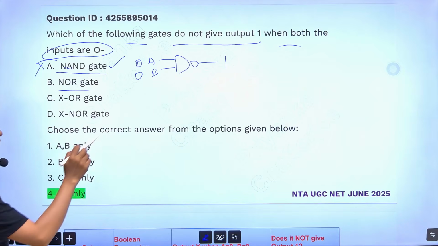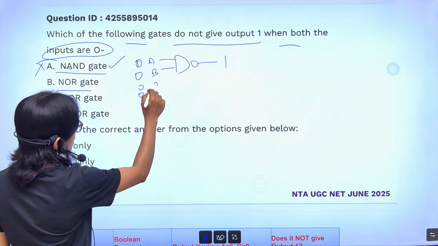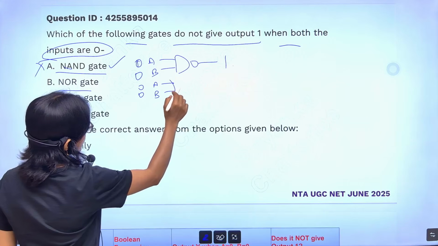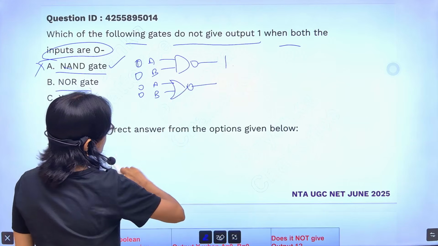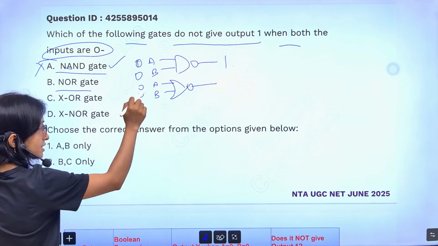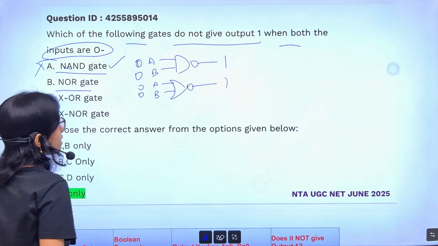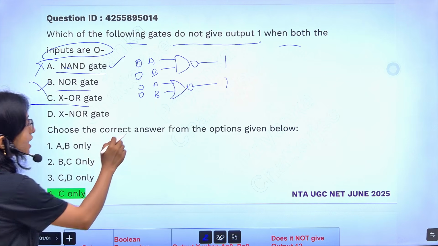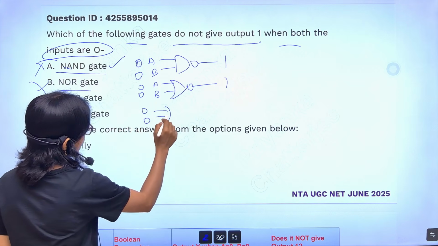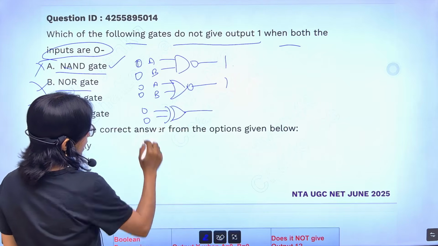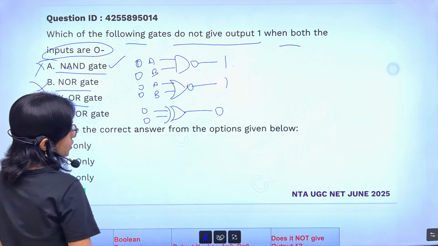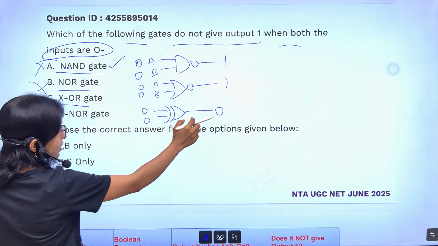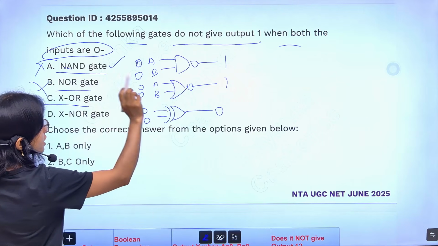NOR gate also. How does it work? If I give 0, 0, here it is A B, NOR gate, or then not. So 0 plus 0 is 0, but then not, that's why it is 1. So it will also not be your answer. XOR and XNOR. When both inputs are 0, whenever I take the XOR gate, it gives you 0, because same inputs give 0 and opposite inputs give 1.